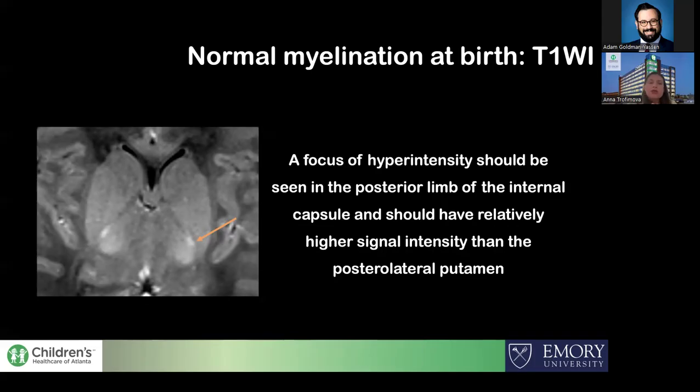If we zoom in on the area of the basal ganglia, you can see, depicted by the orange arrow, a focal area of hyperintensity on T1 weighted images, which we should always see in the posterior limb of the internal capsule. Compared to the adjacent posterolateral putamen, the signal intensity of this focus of hyperintensity should be relatively higher.